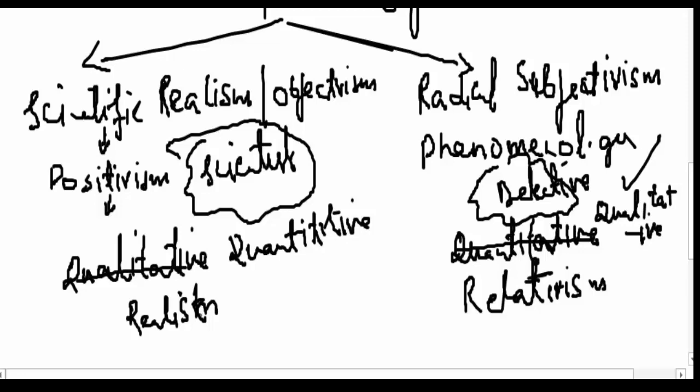So realism is the ontology within the quantitative paradigm. So what the realists believe is that there is a truth about reality waiting to be discovered. So we have single reality versus multiple realities.